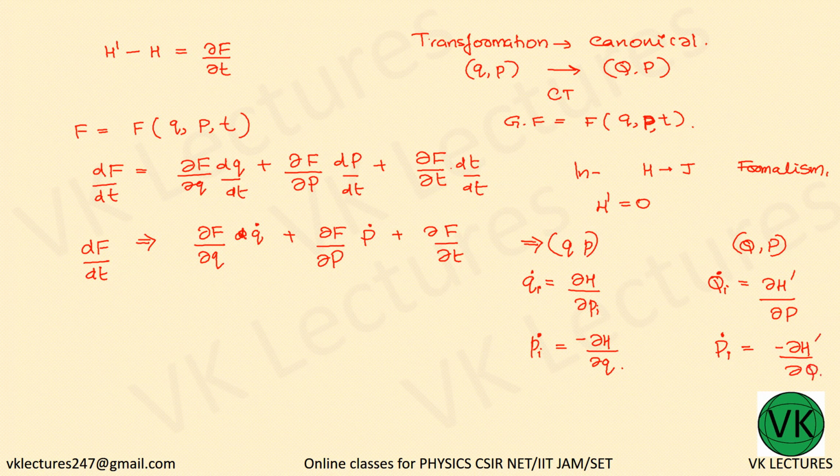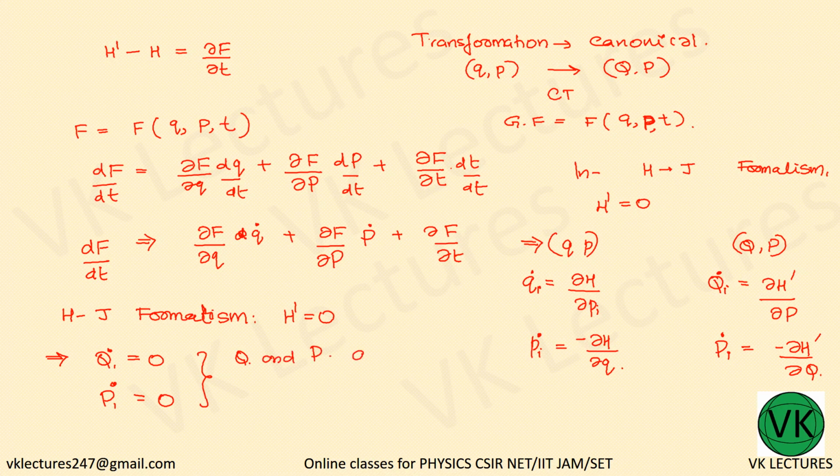Now according to the Hamilton-Jacobi formalism, we have H' equal to 0, and since H' is equal to 0, Q_i dot is equal to 0 and P_i dot is equal to 0, which means Q and P are constants of motion.